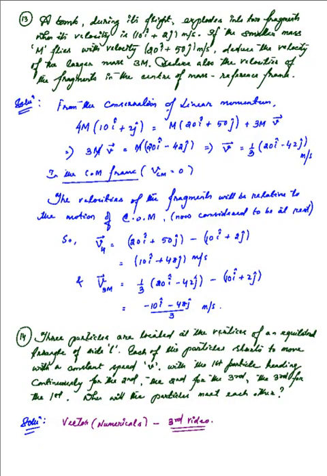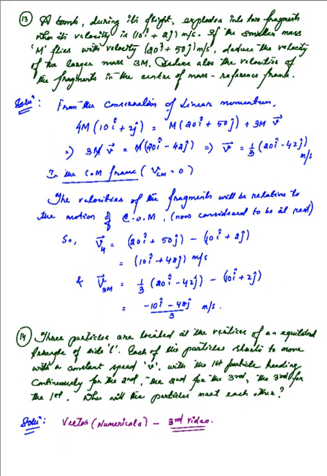Now the next bit, the 13th one, we have a bomb which during its flight explodes into two fragments. It was moving with a velocity initially, so here the initial momentum won't be 0.